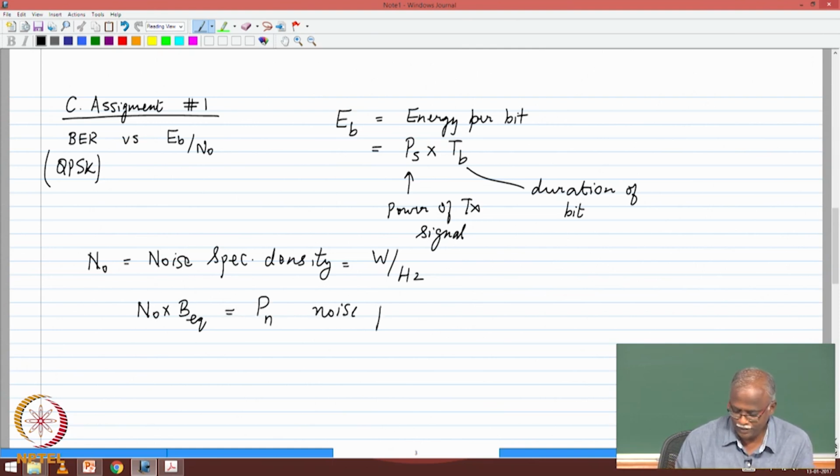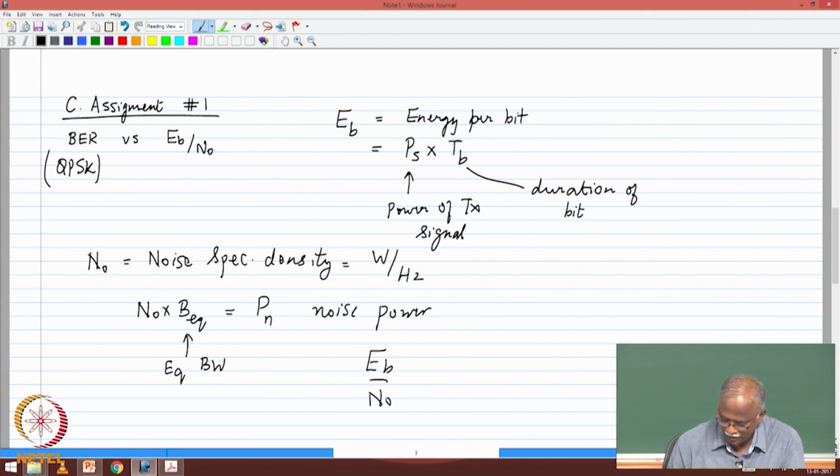This is noise power and equivalent bandwidth, and again there is a notion of the definition of equivalent bandwidth, but basically think of it as the bandwidth of the receive filter.